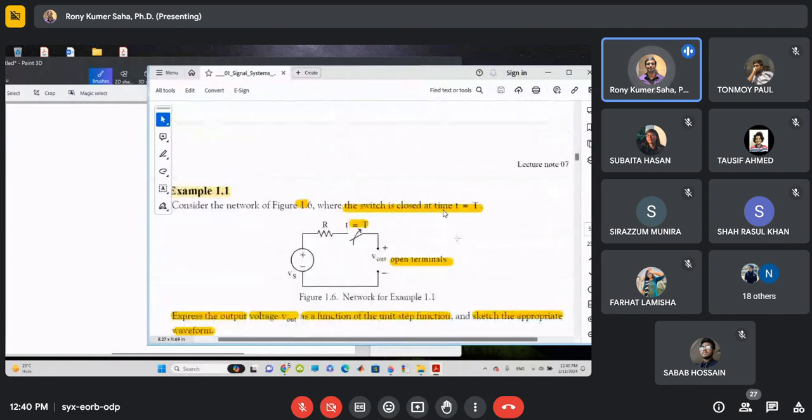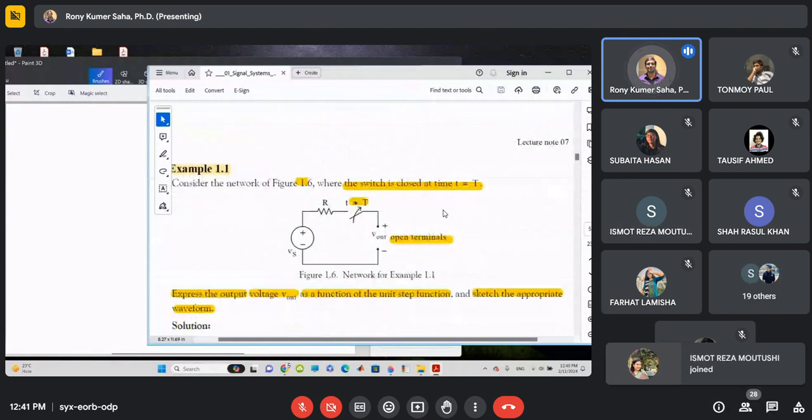Now let's try to apply this unit step response to this circuit. Is it possible to define the response of this circuit in terms of the unit step, the elementary function, as I said?